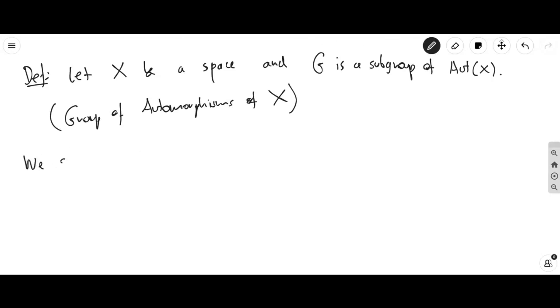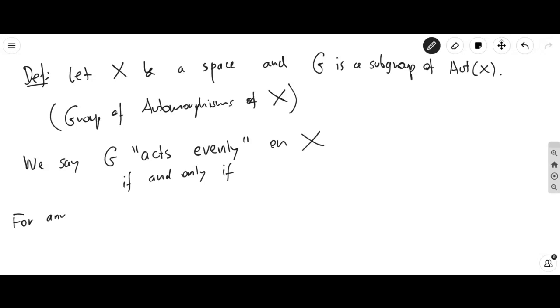So we say that G acts evenly on X if and only if for any, let's say, g in G, we can find, actually, let me take that back.